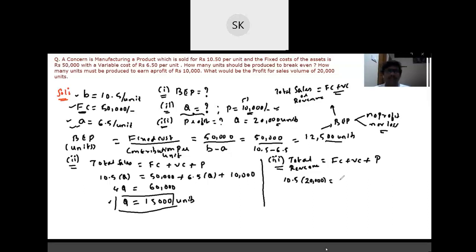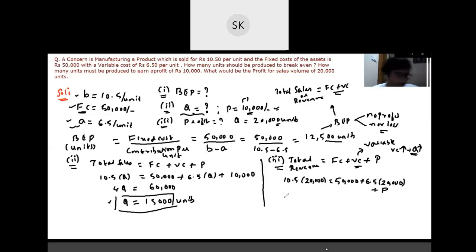So actual sales, the production is 60,000 units. Price is 200, so you will get the actual sales. Now break-even sales we have found out from the formula. So you got the margin of safety as 80 lakh.